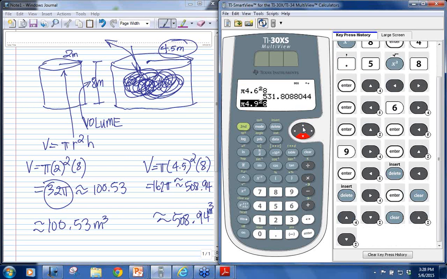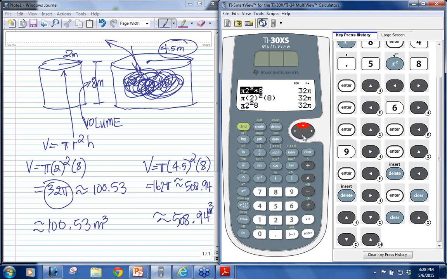Your calculator stores as much information as its memory can hold. Look here, I keep scrolling up, and it's storing everything that I've done so far since the beginning of this webinar, everything that I have not cleared or modified. That's something your students need to know as well. They don't have to re-enter something.